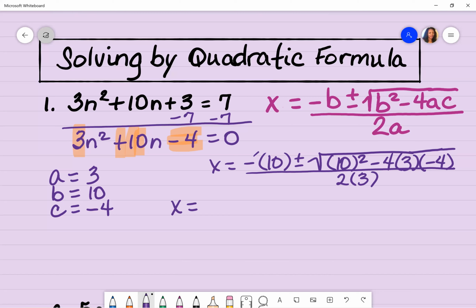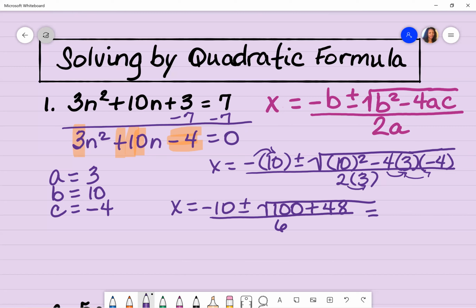So negative times 10 is -10 plus or minus the square root of 10 squared is 100. And then we have -4 times 3, which is -12. -12 times 4 is going to be +48. Now we have 2 times 3, which is 6. You can further simplify.